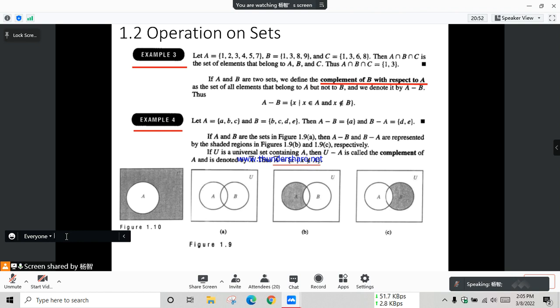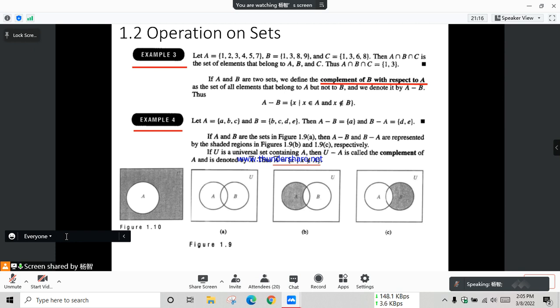Okay, look at example 3. That's the intersection among three sets. A equal to {1, 2, 3, 4, 5, 7}, and B equal to {1, 3, 8, 9}, and C equal to {1, 3, 6, 8}.